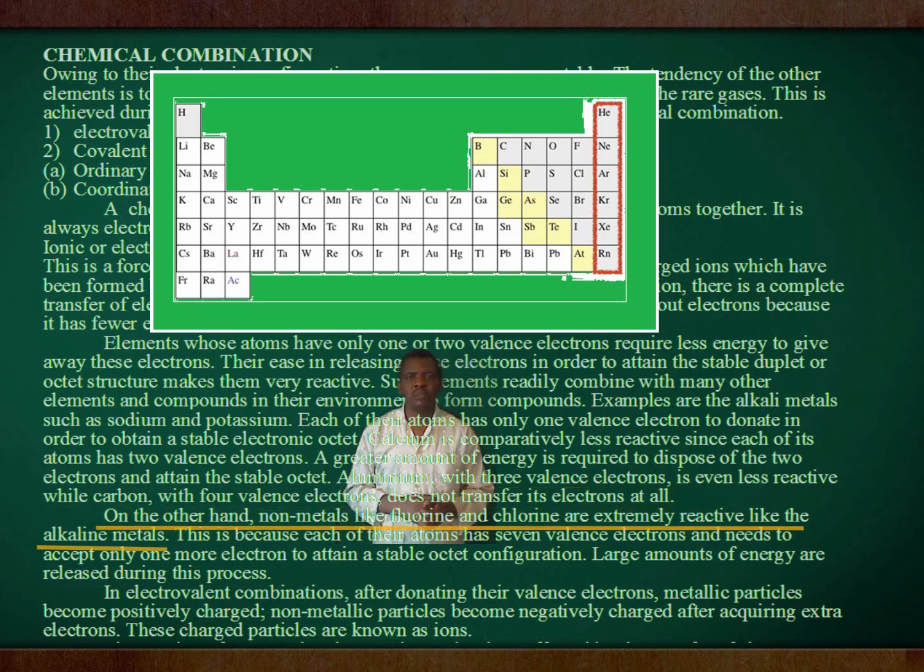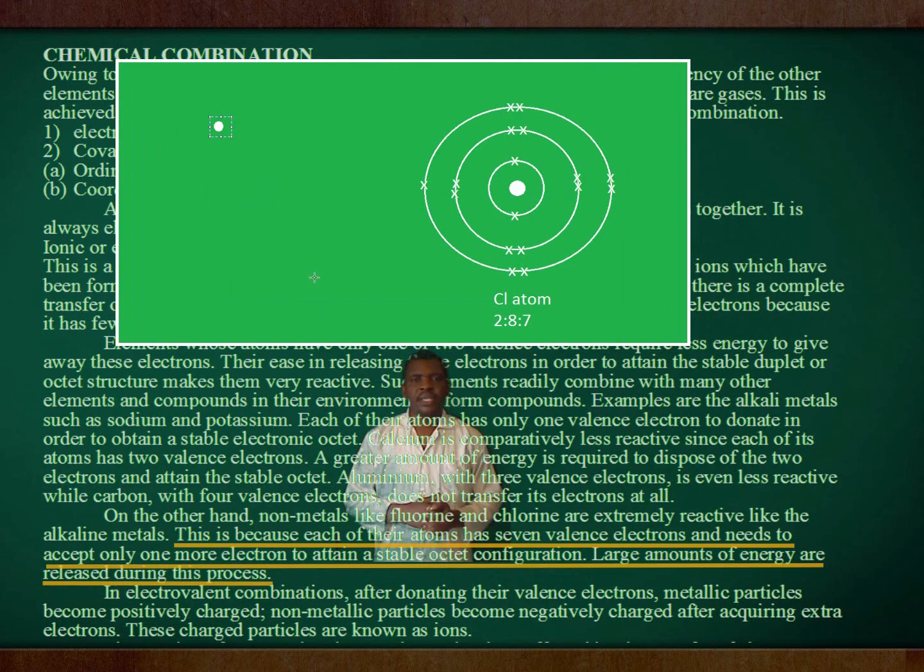On the other hand, non-metals like fluorine and chlorine are extremely reactive, like the alkali metals. This is because each of their atoms has 7 valence electrons and needs to accept only one more electron to attain a stable octet configuration. Large amounts of energy are released during this process.